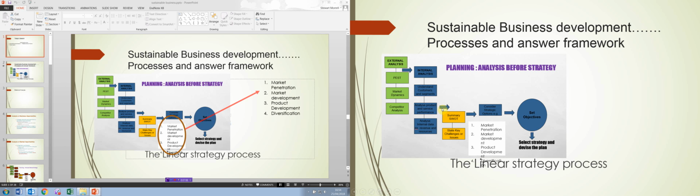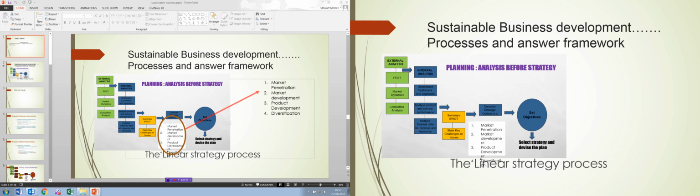So again, we're talking about the linear process of this. We've looked at external analysis, we've looked at internal, we've done the SWOT, we've done the key issues. So once we know what the key issues are, then we can address those by considering what our strategic options might be.